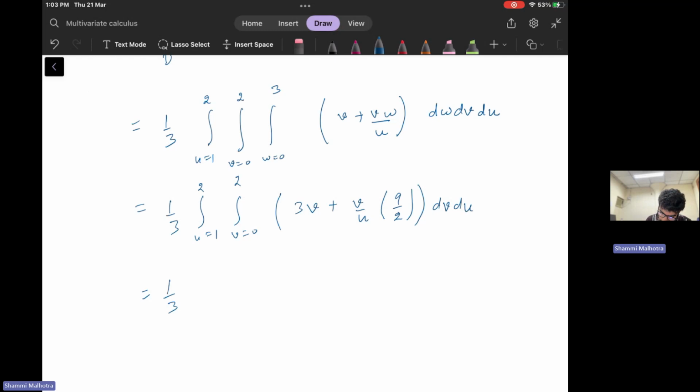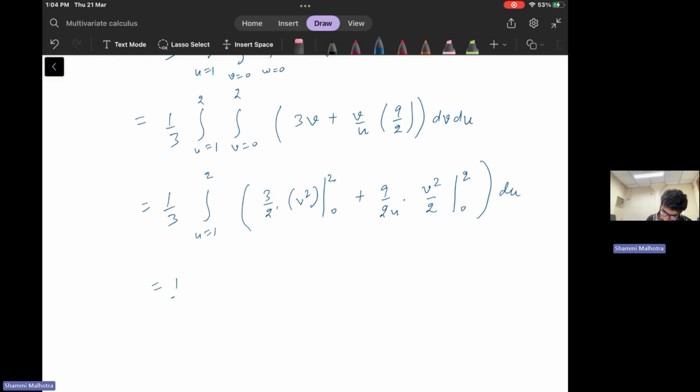now I have to integrate with respect to v. So this is 3 by 2 v square evaluated at 2 and 0, plus 9 by 2 times v square by 2 evaluated at 2 comma 0, du. 1 by 3u into 2, so this will be 4 only.